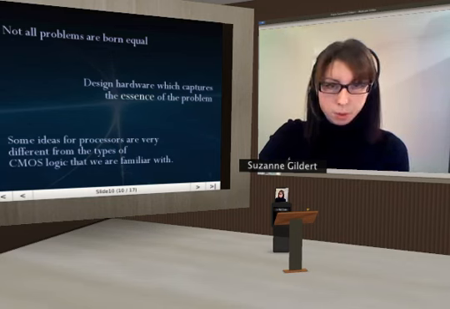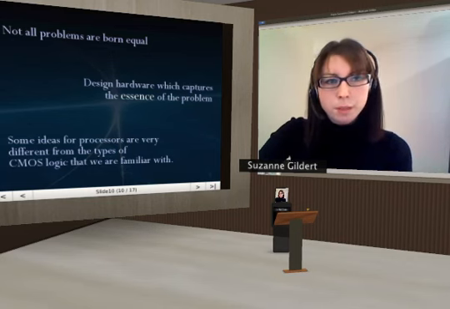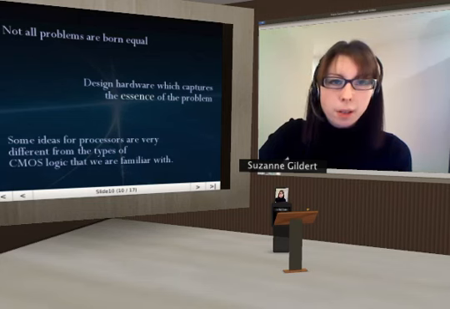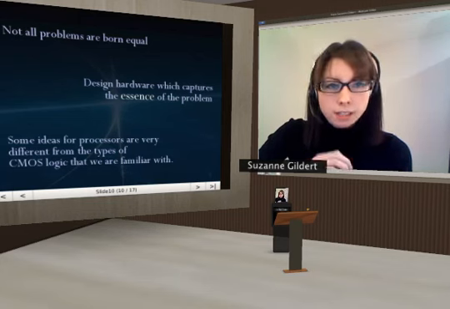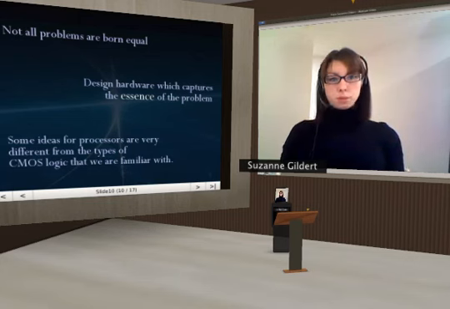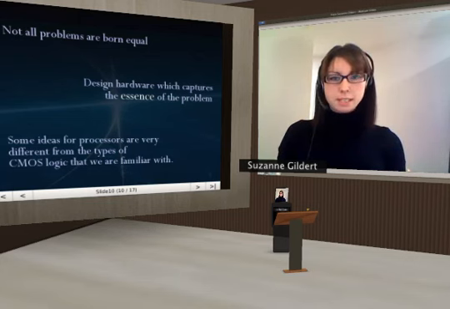So I'm hoping in the future there'll actually be a wealth of new processor specialization where the hardware is actually designed with a specific application in mind. So this is the idea behind something called co-design, which I wrote a blog article about recently, if anyone's interested in reading that. It's on my blog.